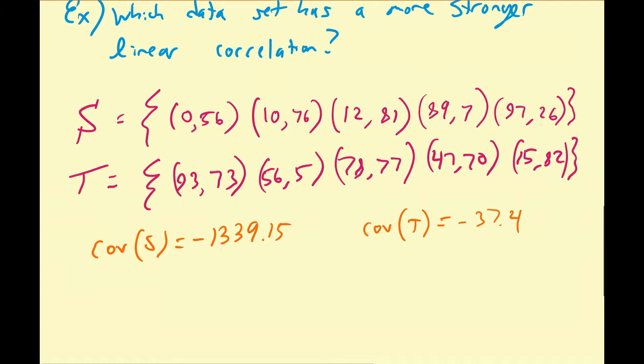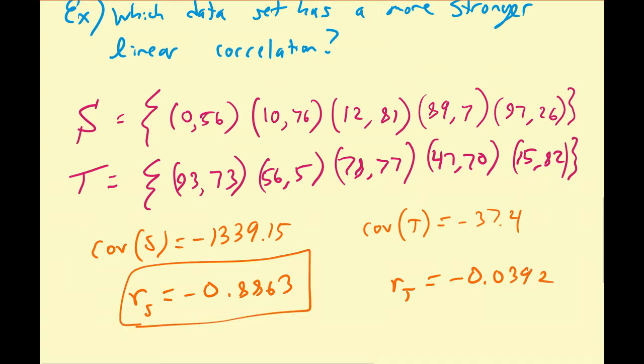So if we do the Pearson correlation coefficient for this set, R, so RS and RT, you're going to get negative 0.8863 and negative 0.0392. So these are our Pearson correlation coefficients for our samples.